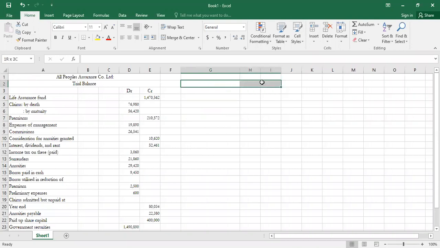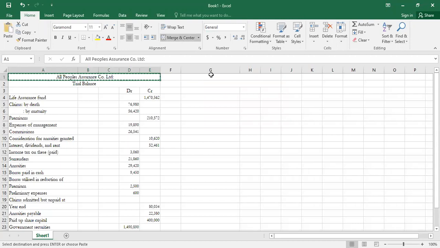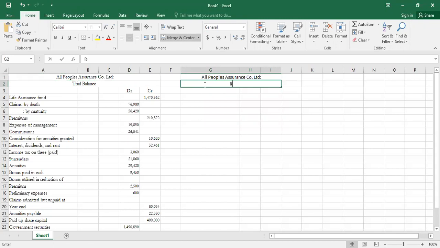I'll have to merge these all, revenue account. So revenue account, I shared the format.